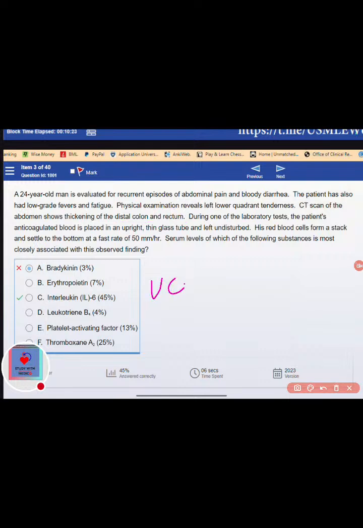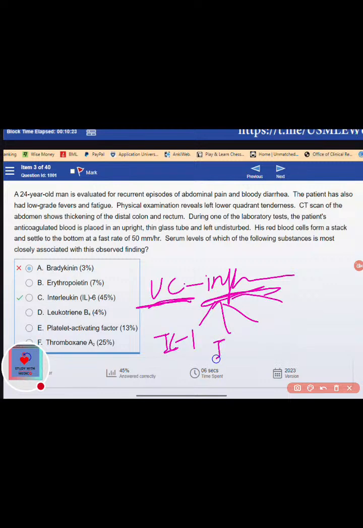Ulcerative colitis is an inflammatory condition. Inflammatory condition means increase in these things: interleukins, cytokines 1, 6, TNF alpha. These things will be increased.